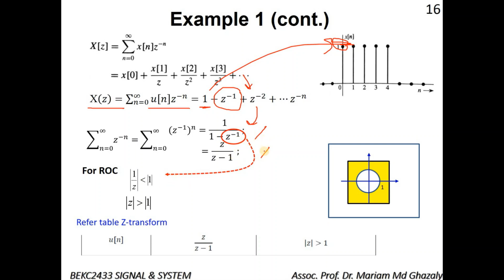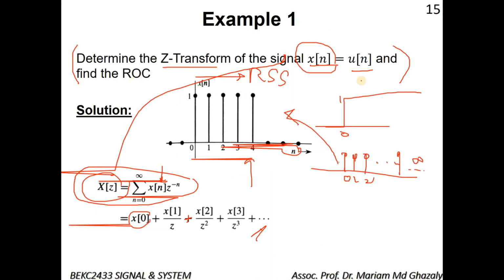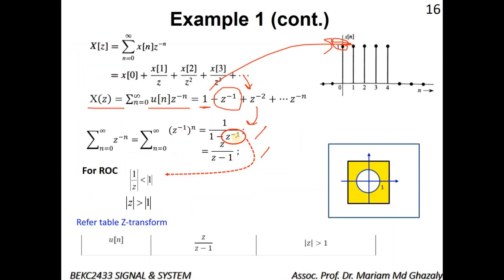So how to determine the ROC? If you look at the question just now, find the ROC. Find the ROC means that you look at this form, 1 over 1 minus, for example, z to the minus 1.